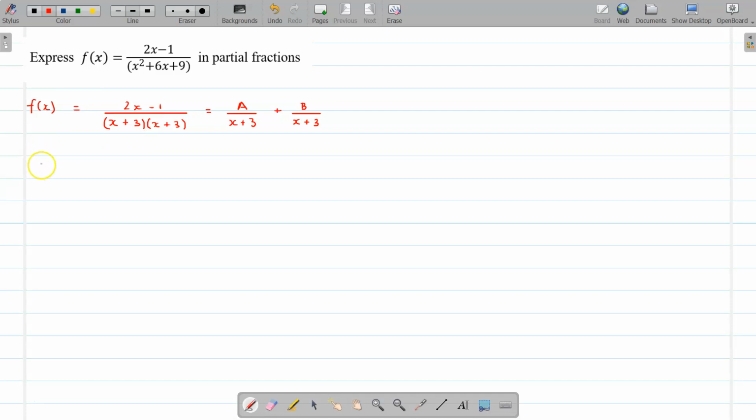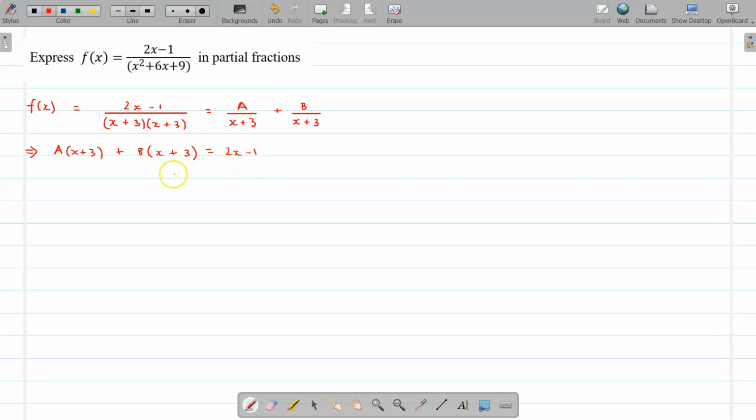On the next stage, I would have a times x plus 3 plus b times x plus 3. And that would equal 2x minus 1, because what I would have had was a common denominator below that, of x plus 3, x plus 3.